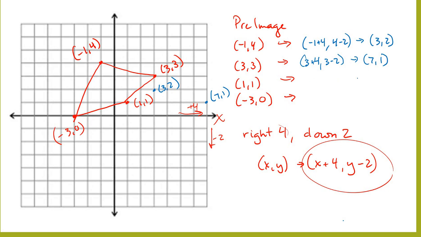Hopefully for your other points, you got 5. 1 plus 4 is 5. 1 minus 2 is -1. -3 plus 4 is 7. 0 minus 2 is -2. So 1, 2, 3, 4, 5, -1.